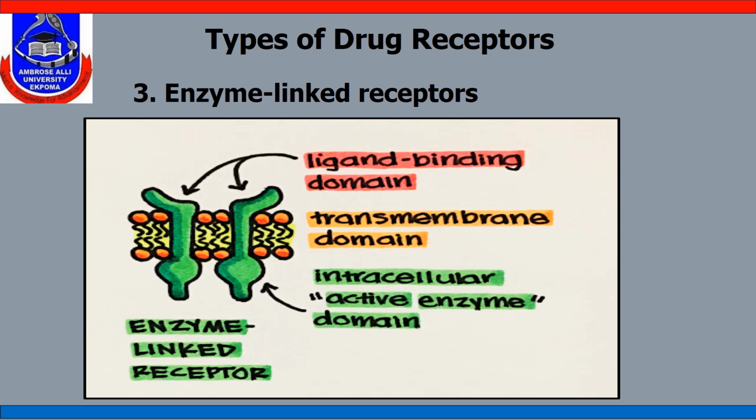The diagram shown before you is that of enzyme-linked receptors. It has a ligand binding domain, the intracellular active enzyme domain, the transmembrane domain, as indicated in the picture before you.